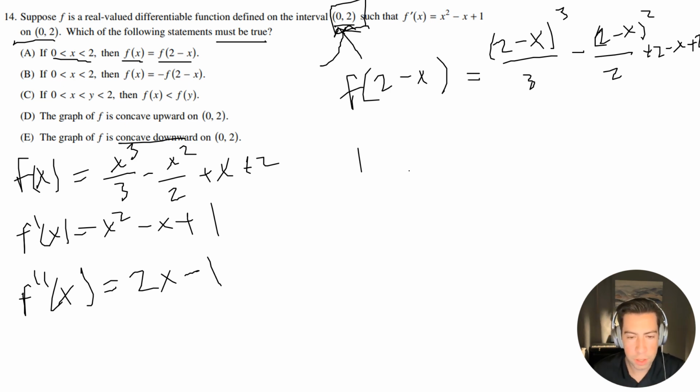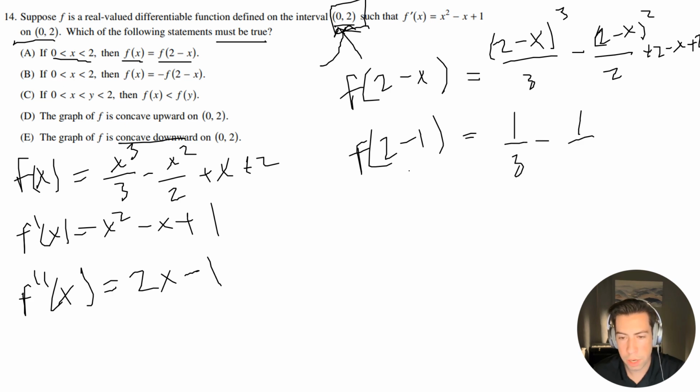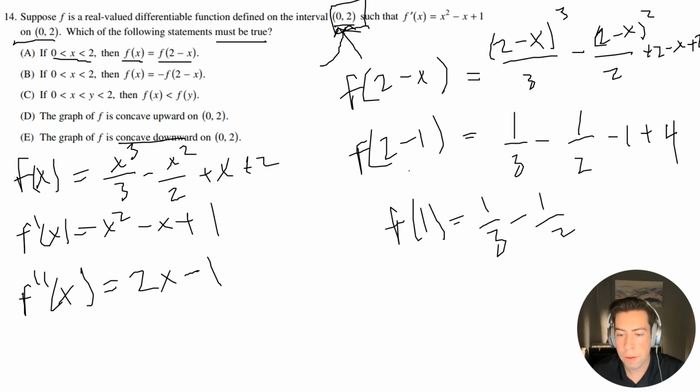Let me just show you. f of 2 minus 1 equals 1/3 minus 1/2 minus 1 plus 4. So I get f of 1 equals 1/3 minus 1/2 plus 3. But that's not going to be the same thing if I plug in x equals 1 here.